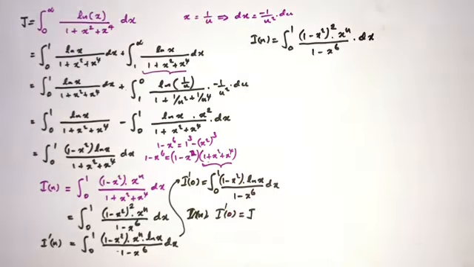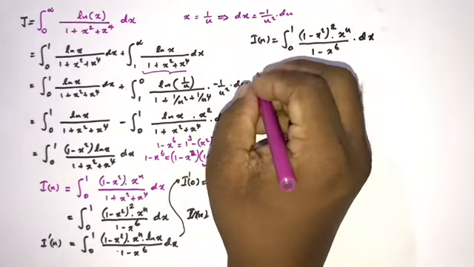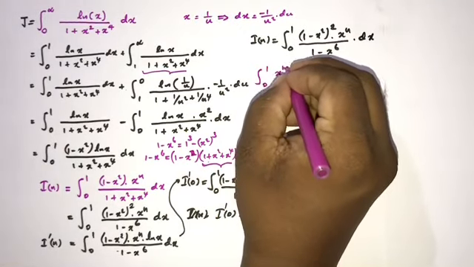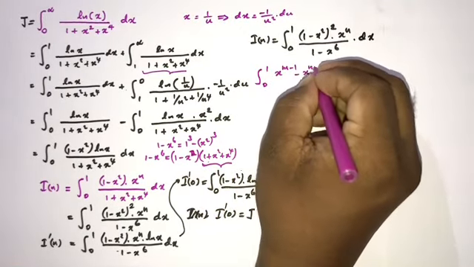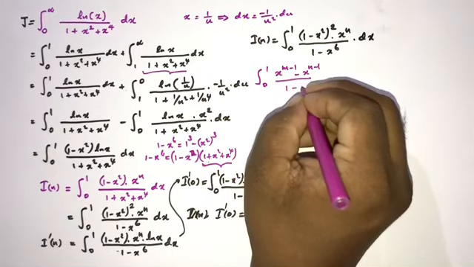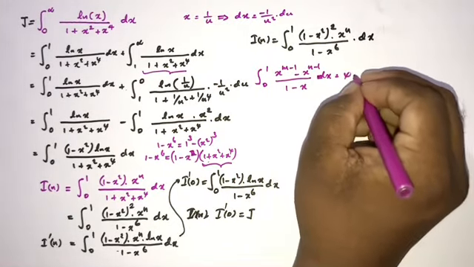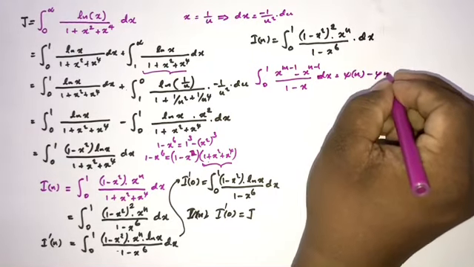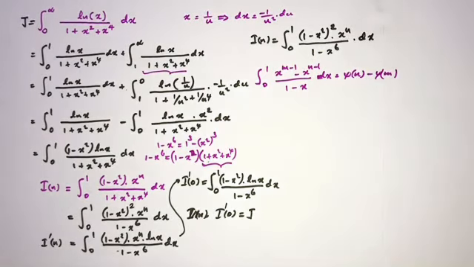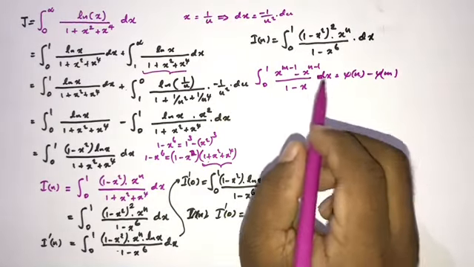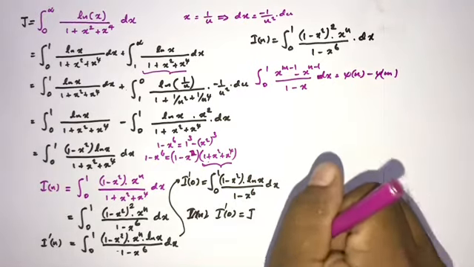In that video we used this integral formula: the integral from 0 to 1 of (x to the m minus 1 minus x to the n minus 1) over 1 minus x dx is equal to digamma of n minus digamma of m. We evaluated this integral in a previous video. I will add the link in the description.